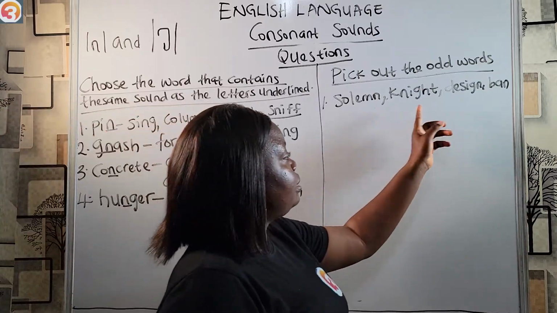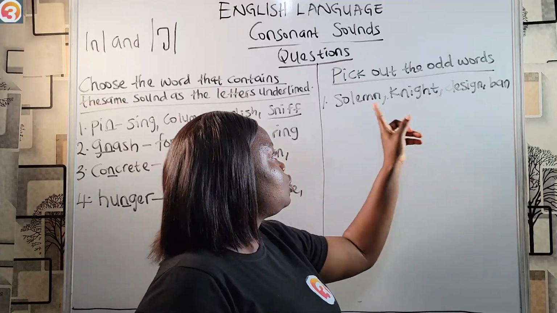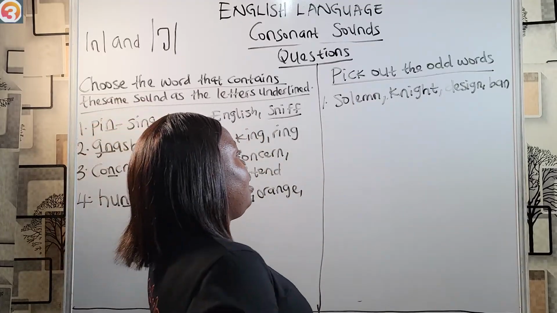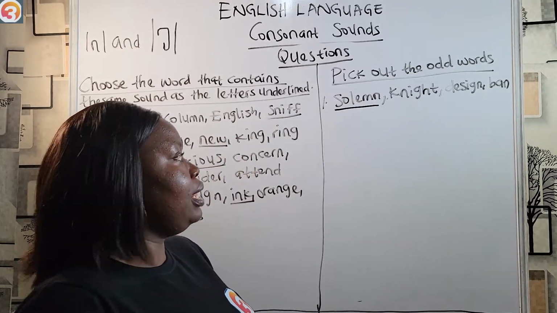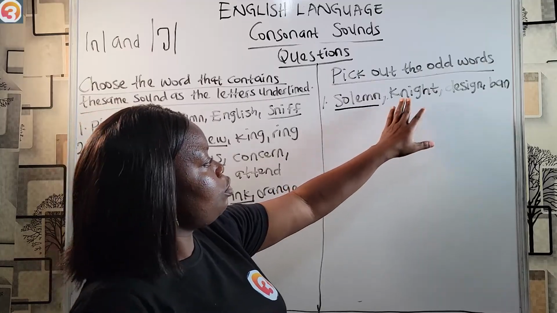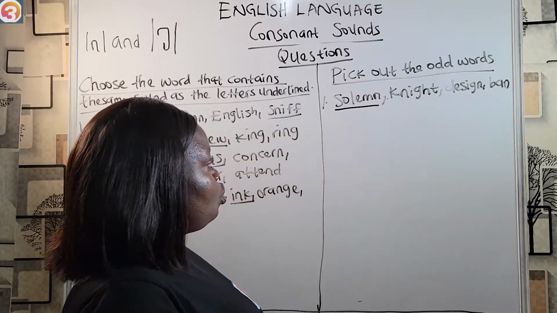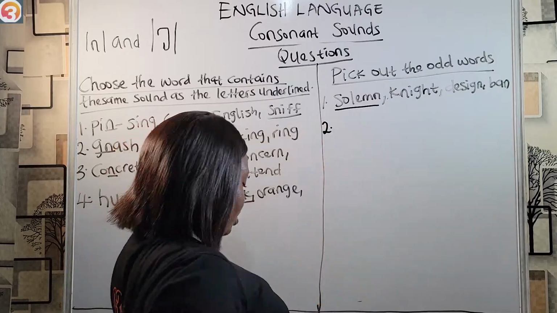Next we have night, design, ban. You can hear the N in these words, but it's absent here. N coming at the end of a word after letter M, the N is not pronounced. So N is silent in this word, but it's pronounced in the other three words. So solemn is the odd word in that group of words.